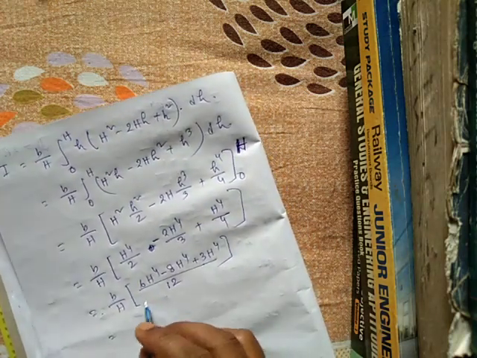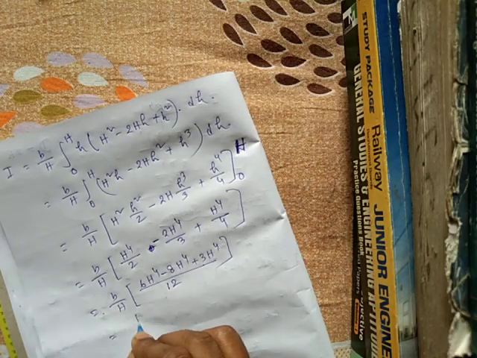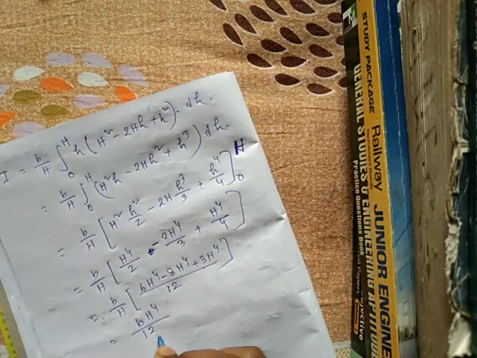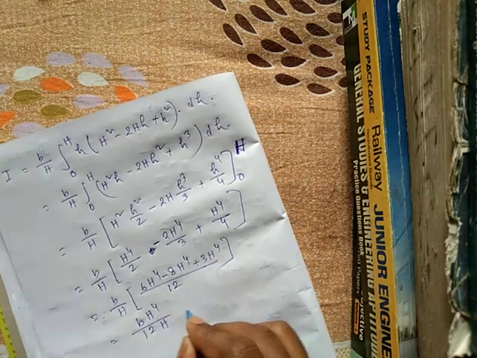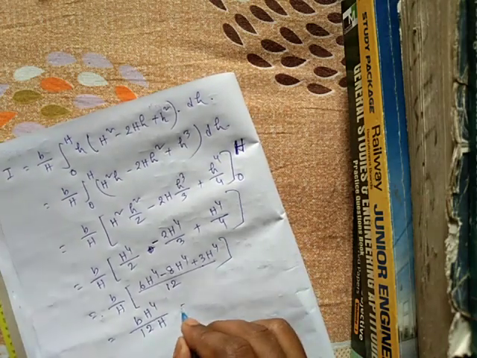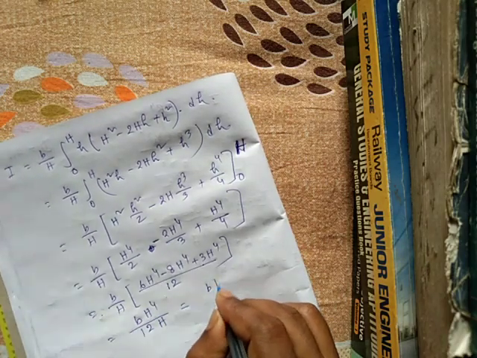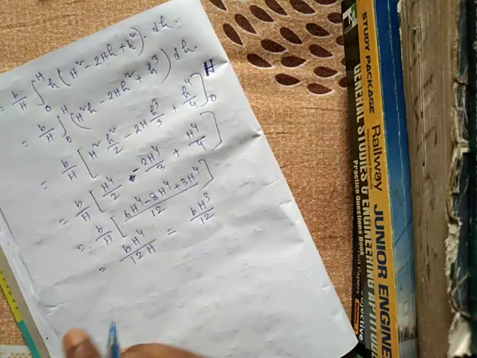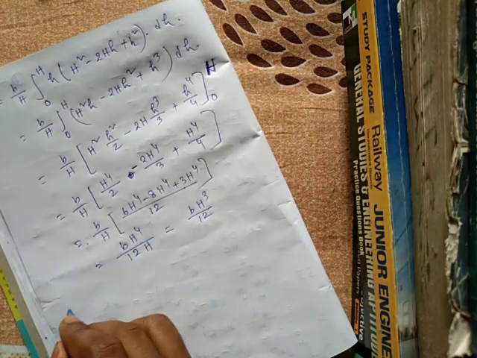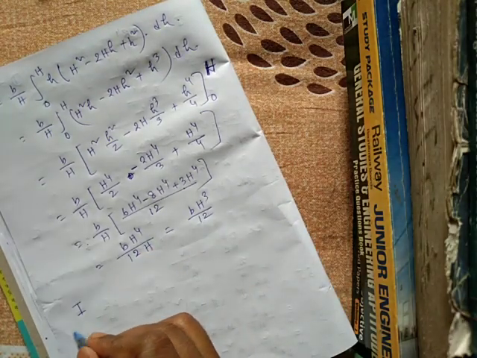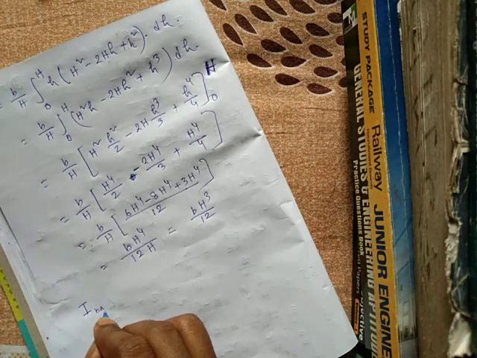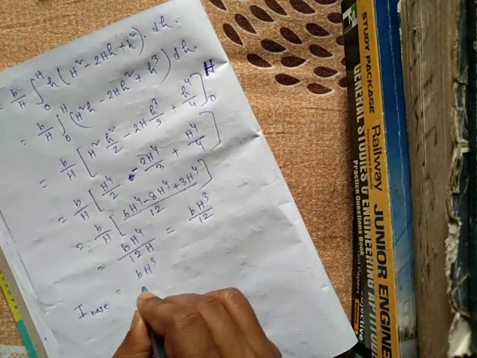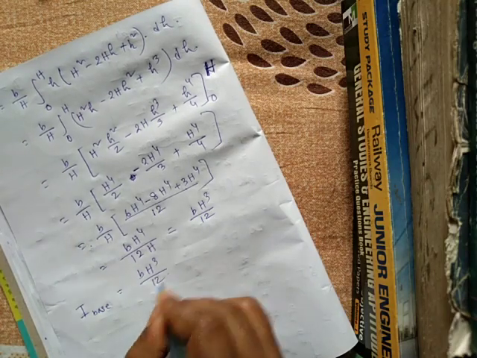So this will be b into H to the power 4 divided by 12H. One H is cancelled, so b H cube divided by 12. This is the moment of inertia about the base of the triangle, b H cube divided by 12.